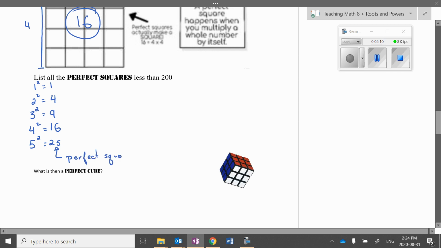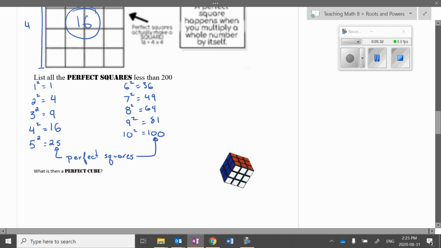So let's continue all the way up to 200. So 6 squared is 36, 7 squared, 49, 8 squared is 64, 9 squared is 81, 10 squared is 100.